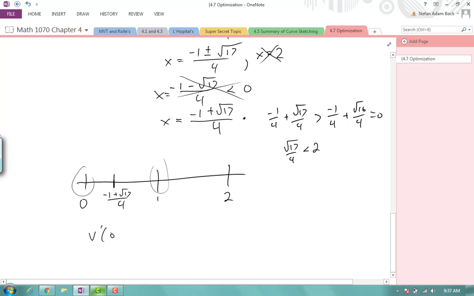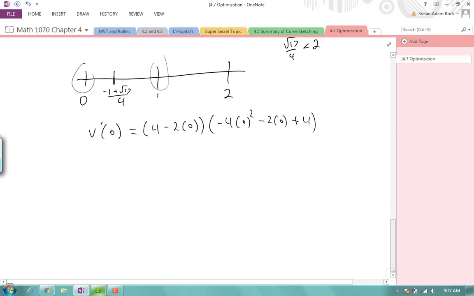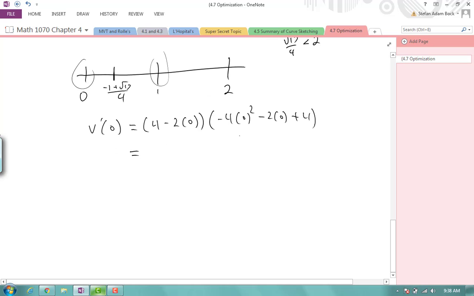So v prime of 0 would be equal to 4 minus 2 times 0 times negative 4 times 0 squared minus 2 times 0 plus 4. And that's equal to, well, 16, which is positive.